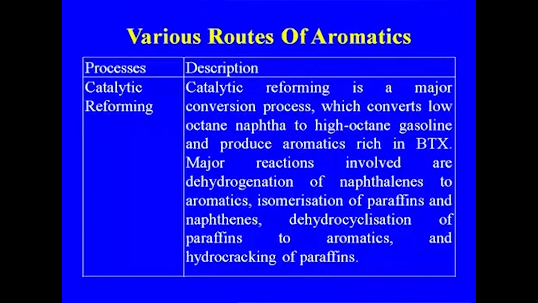Catalytic reforming is a major conversion process which converts low octane naphtha to high octane gasoline and produces aromatics, BTX. The major reactions involved are dehydrogenation of naphthenes to aromatics, isomerization of paraffins and naphthenes, dehydrocyclization of paraffins to aromatics, and hydrocracking, which is the side reaction. We already discussed in detail the reactions, the feedstock, and the various controlling parameters.